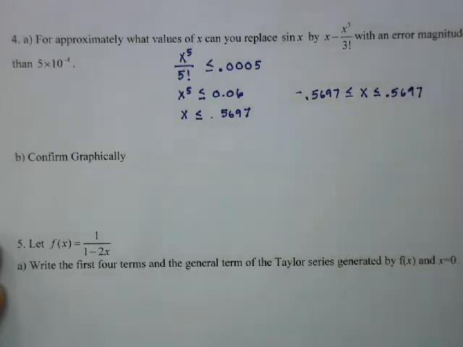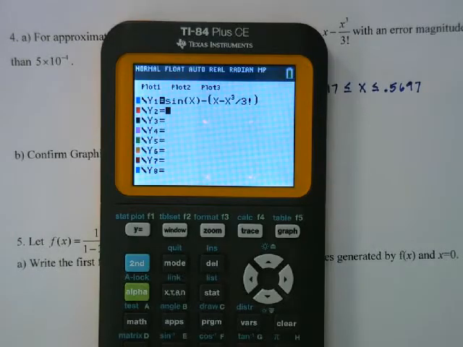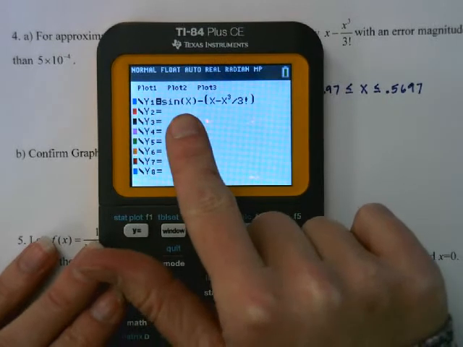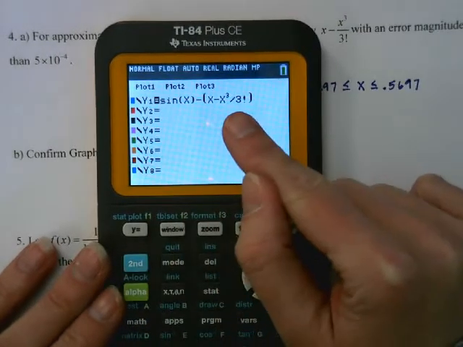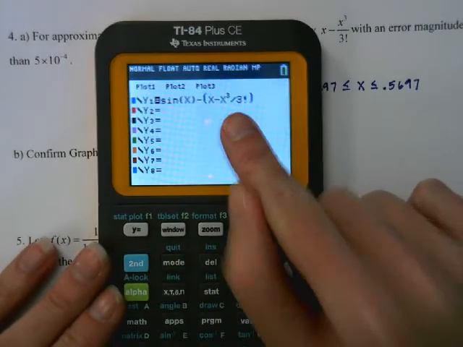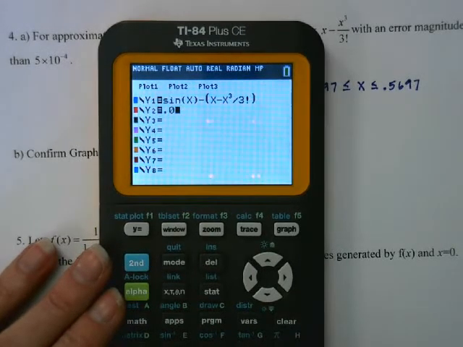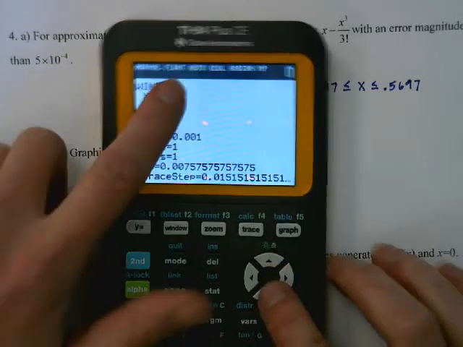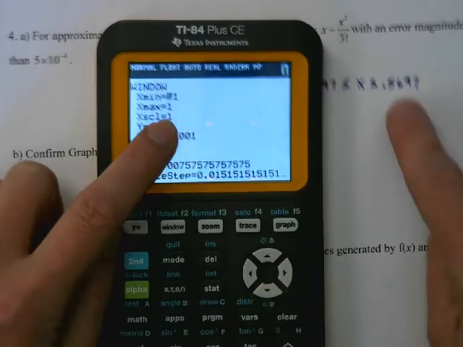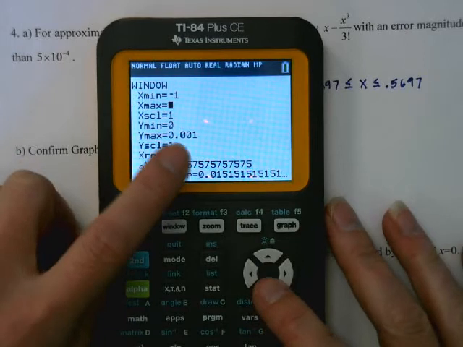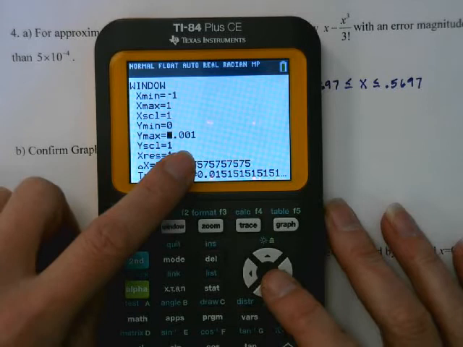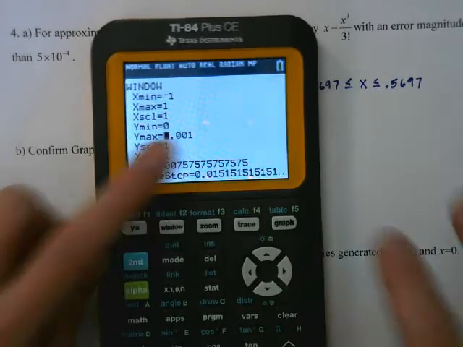Okay, we're going to confirm this graphically. So in my y equals, I'm going to have the error, which is going to be the difference between sine of x and the approximation, the polynomial. And then I'm going to compare that to 0.0005. So for my window, I'm going to go just from -1 to 1, because we already know our answer is going to be about 0.5. And then for my y's, I'm going to go from 0 to 0.001, because that'll put the 0.0005 right in the middle.